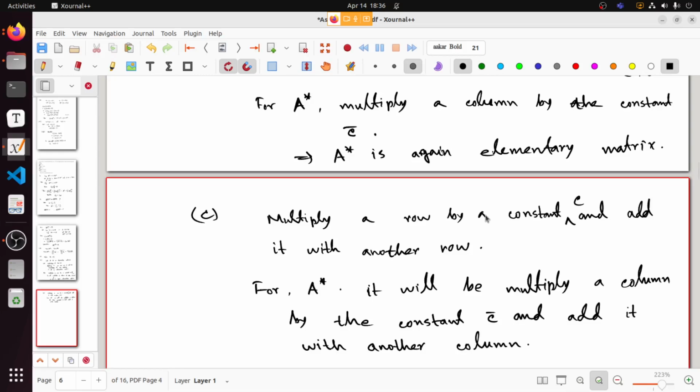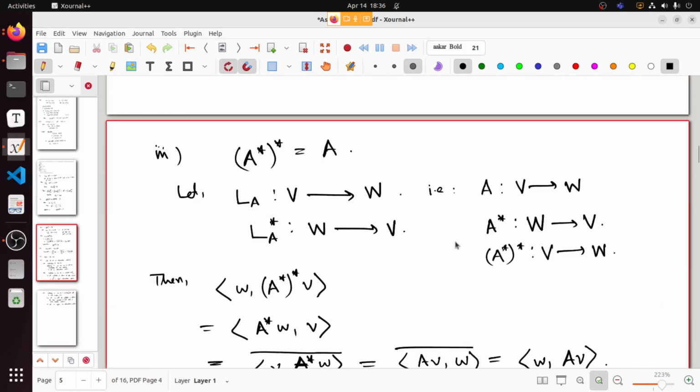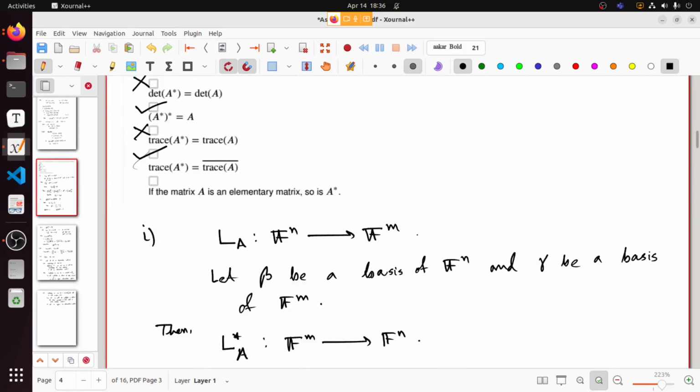So therefore A star is again an elementary matrix. So you have seen all three cases, and in all three cases we get A star is an elementary matrix. Therefore the option number 6 is correct. The conjugate transpose of an elementary matrix is again an elementary matrix.